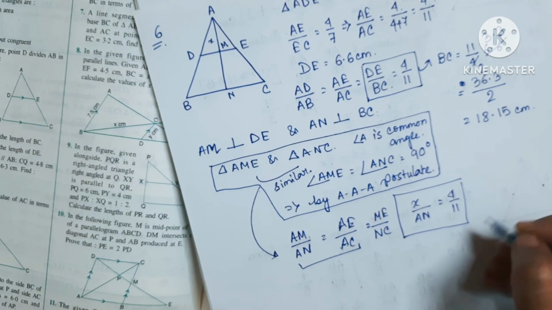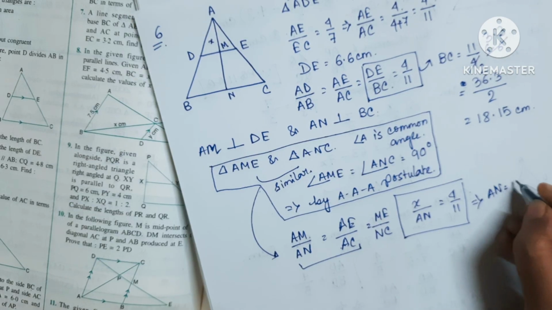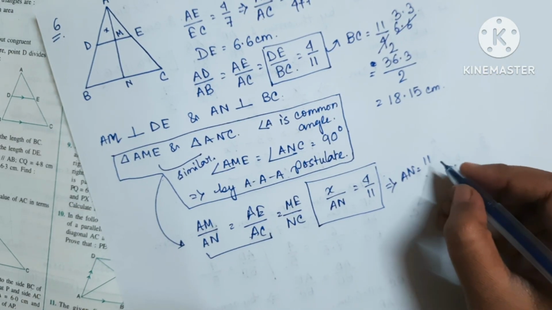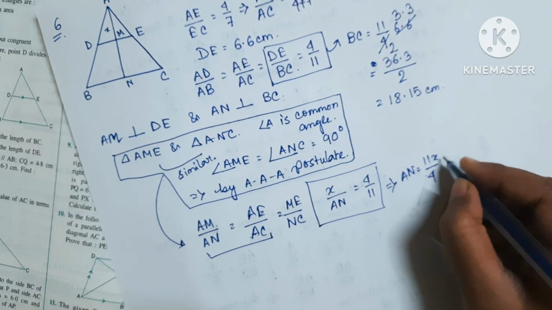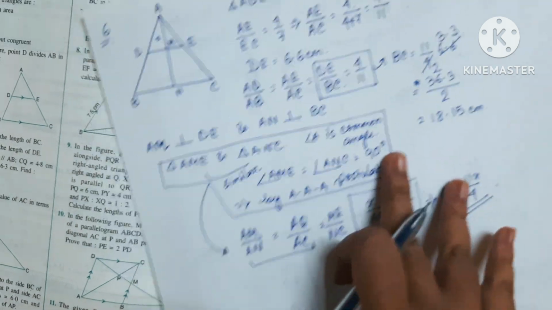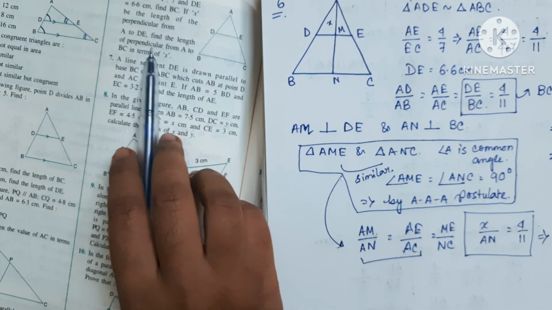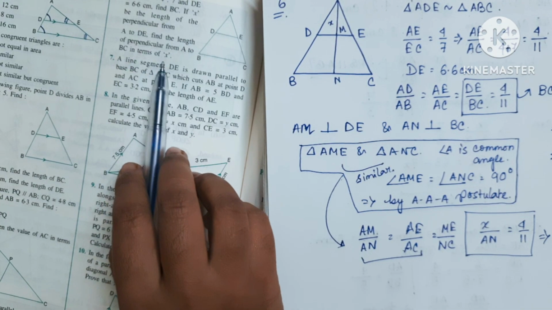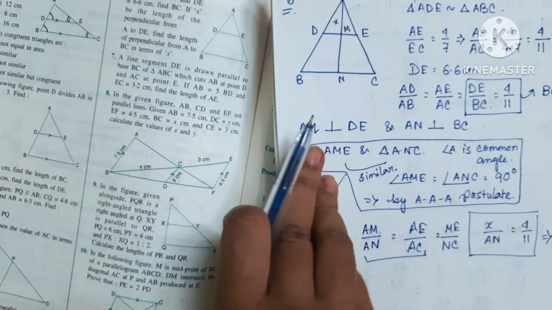So AN equals 11X by 4. This is the value of AN. You have to find the length of the perpendicular from A to BC in terms of X. The answer to this one is 11X by 4.